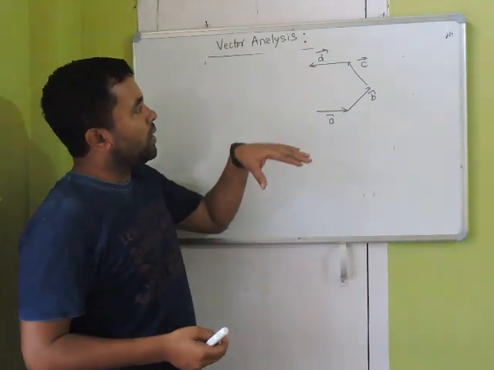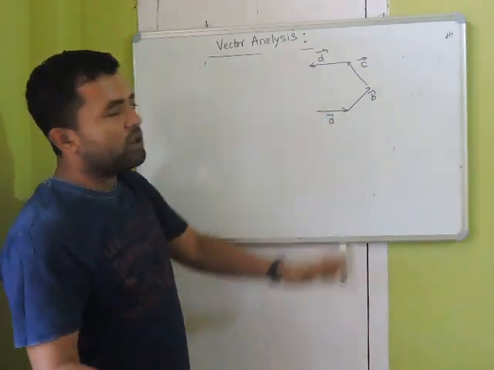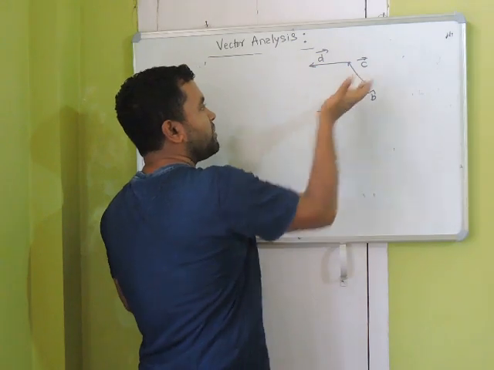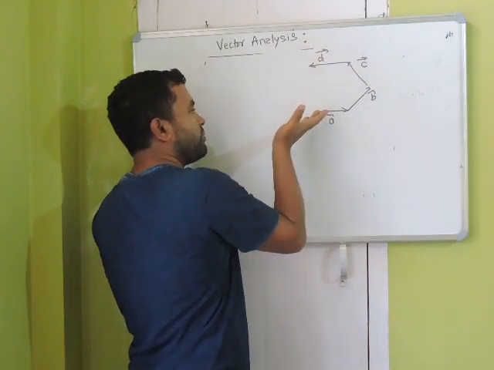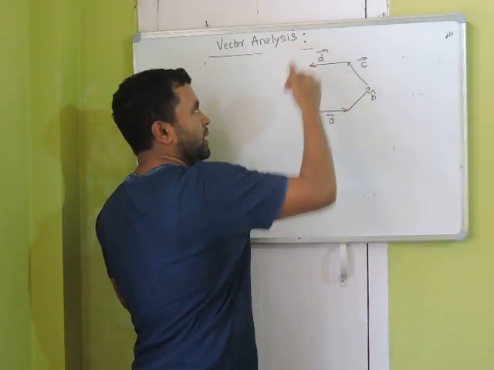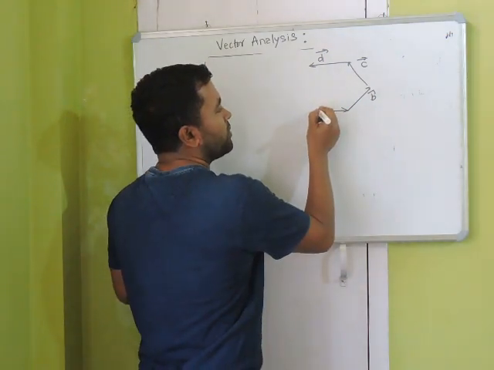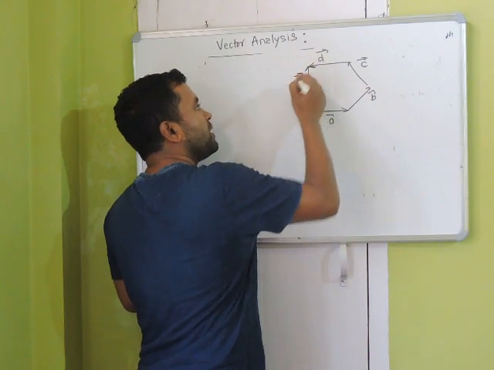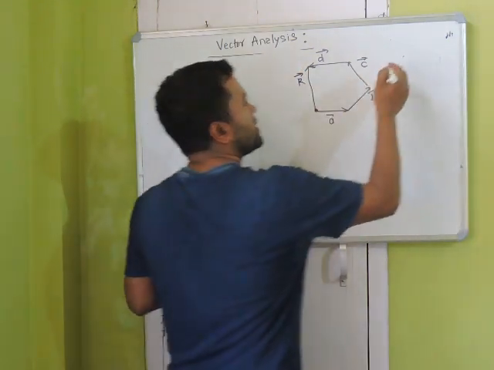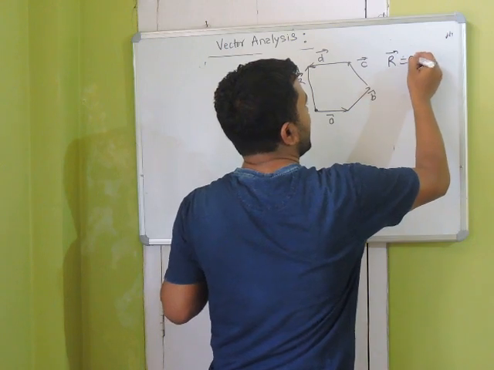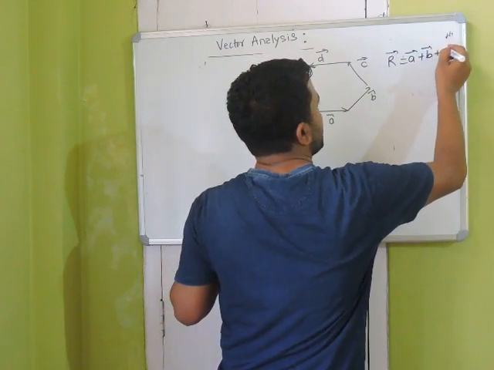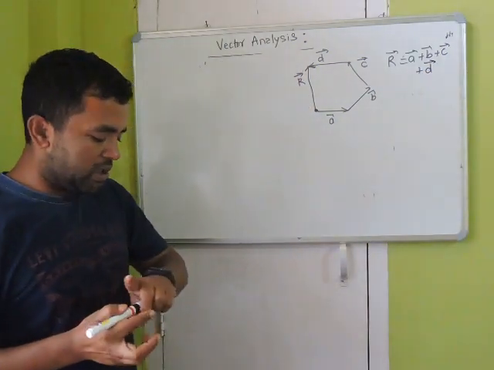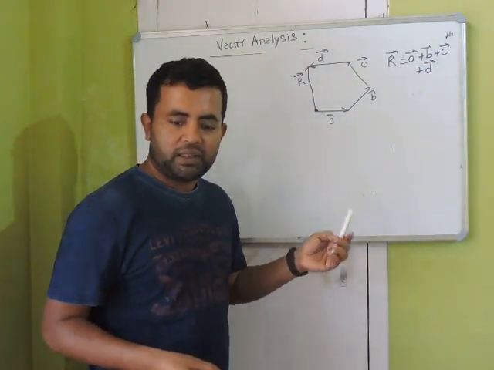Now there is a rule which is called polygon rule, which says that if vectors can be represented by adjacent side of a polygon taken in order, then resultant is drawn from the tail of the first vector to the head of the last vector. This will be the resultant, and this resultant is going to be A plus B plus C plus D. Now this is called polygon law of vector addition.